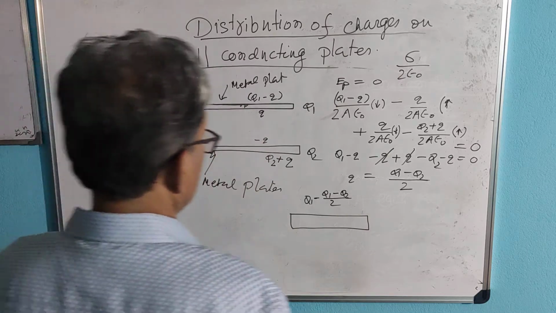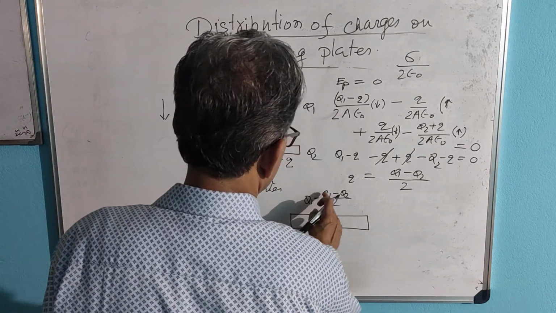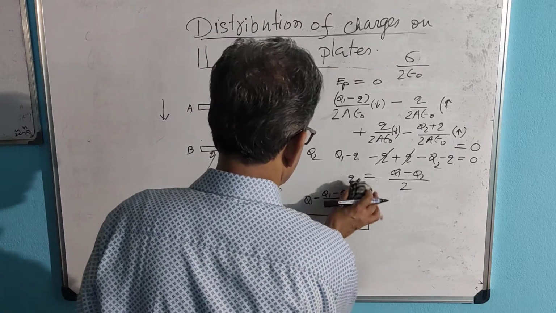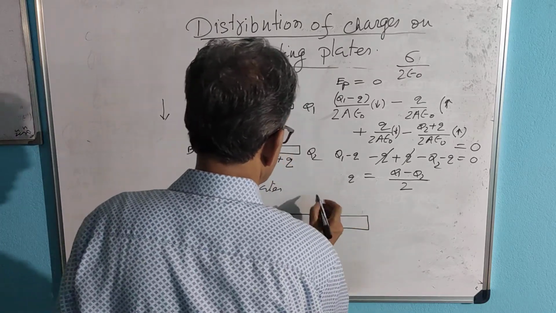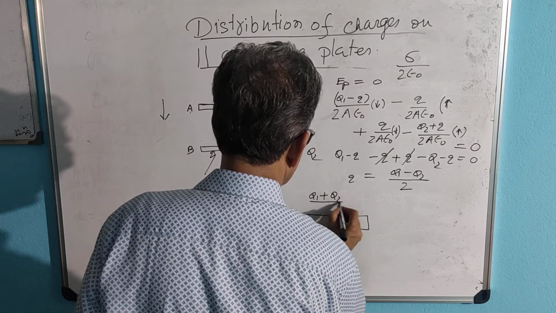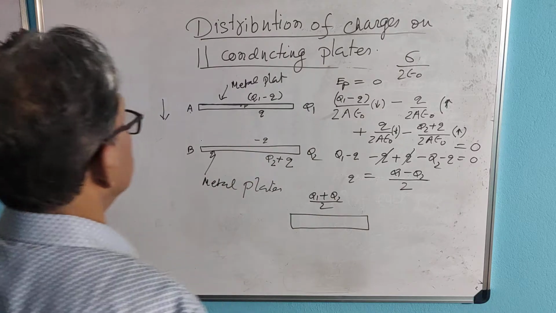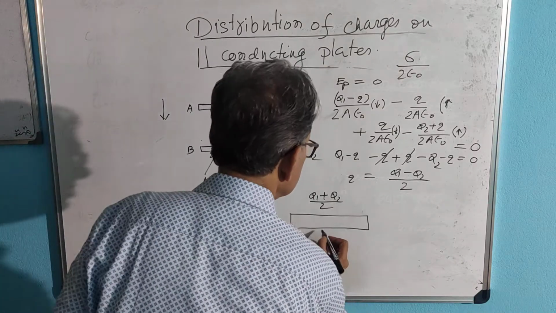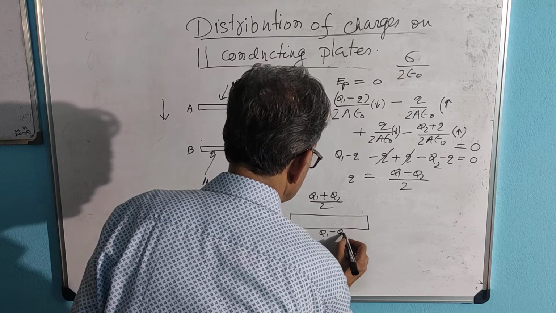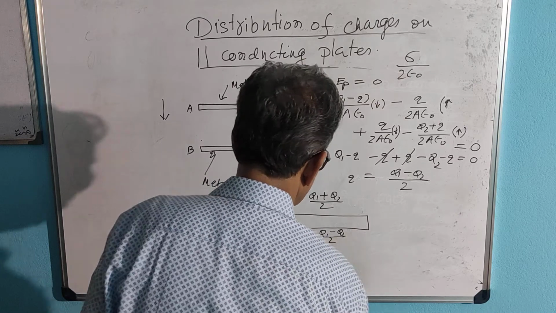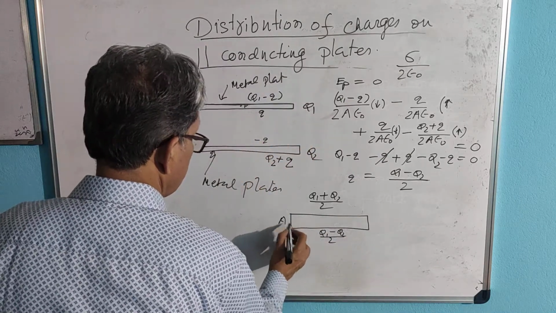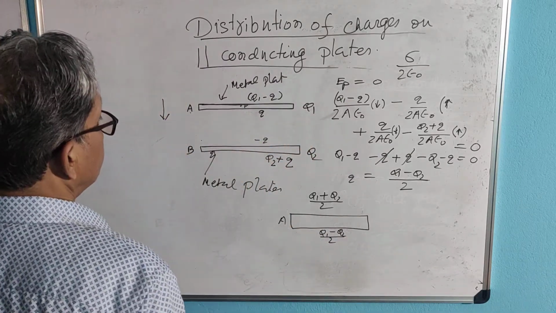What ultimately comes out? 2Q1 minus Q1 plus Q2, so this will ultimately come out to be (Q1 plus Q2) divided by 2. Right? Q is (Q1 minus Q2) divided by 2. This is upper A.